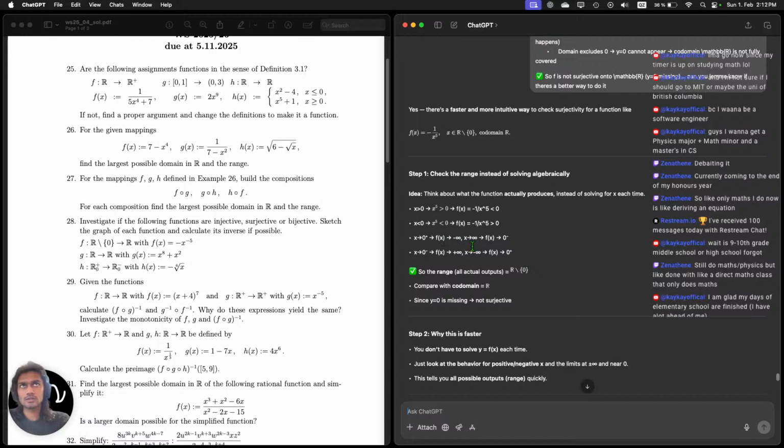If x is minus infinity, x is gonna be positive, right?